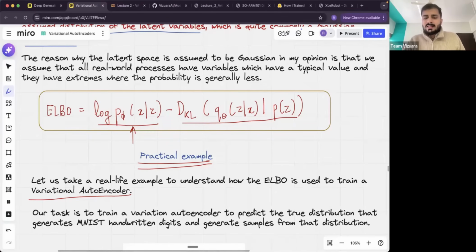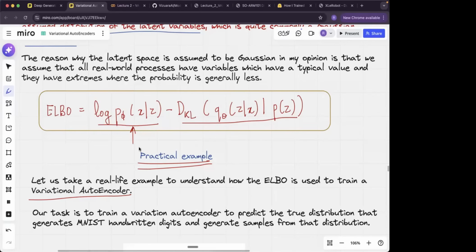Before we go to the practical example, does anyone have any doubts which they want to share or ask in the chat, or you can even unmute yourself and ask? Okay, go ahead.